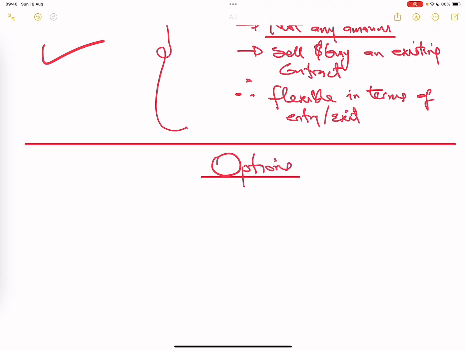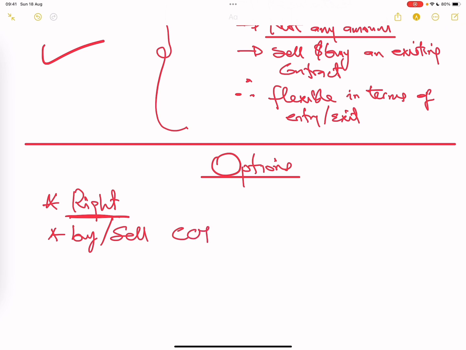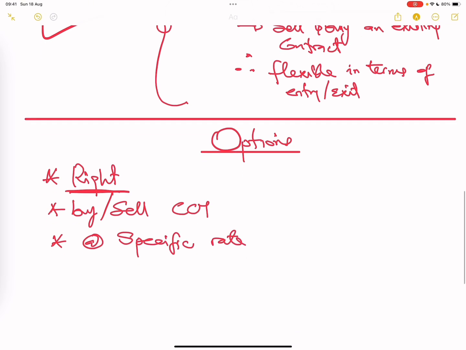What are options? Options are just the right to buy or sell a currency amount at a specific rate and also at future dates.